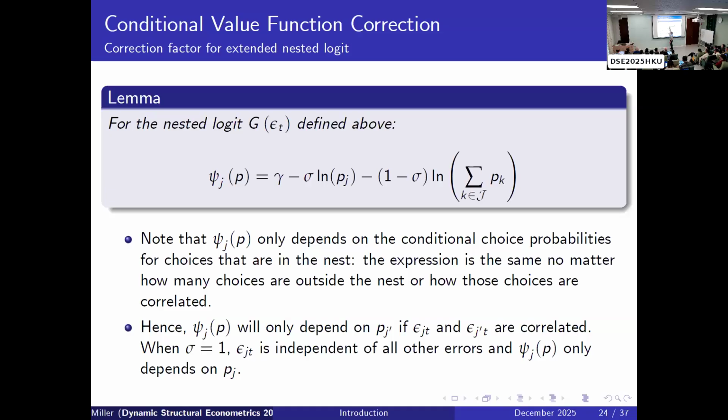And in that case, this correction only depends on the choice itself. But when sigma is not equal to 1, and there's correlation within the nest, different types of, I don't know, routes given that you're riding a bicycle or something, going back to McFadden, then the correction factor is not just going to depend on what happens for the individual choice, but also what happens in the whole of the nest itself.